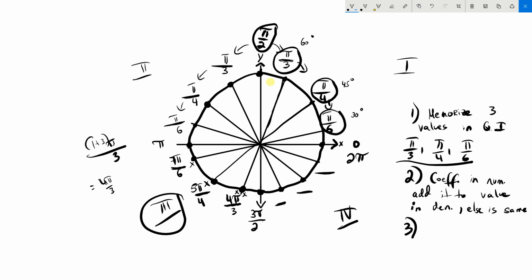But there is a third rule that says to get quadrant 2 values, we take our quadrant 3 values and subtract 2 from the coefficient in your numerator.